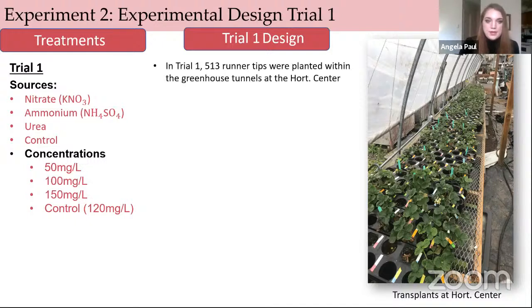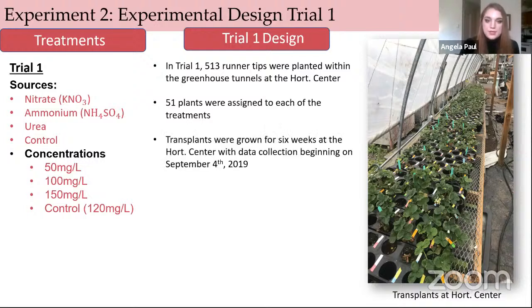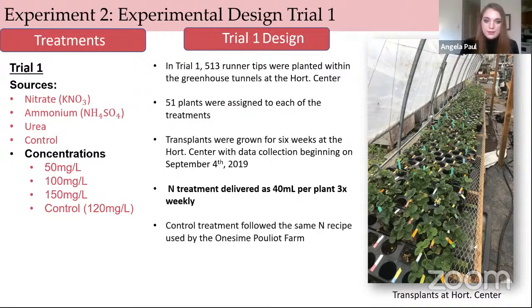So for this experiment, I grew 513 runner tips within the horticulture center here at McGill University. I assigned 51 plants to each of the treatment groups, and transplants were grown for 6 weeks in the horticulture center, with data collection beginning on September 4th and going until about October 18th. Similarly, nitrogen treatments were delivered at 40 milliliters per plant, 3 times weekly.